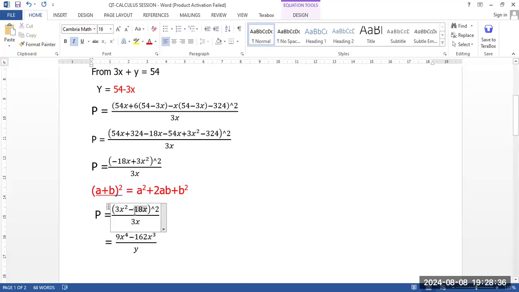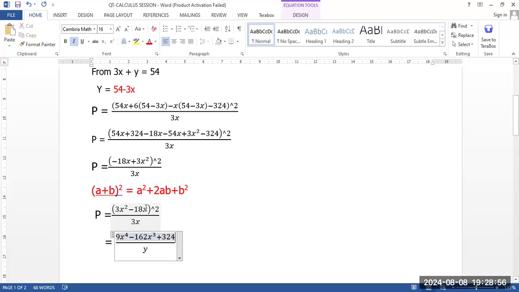Then now we square this. This is our b. We square 18, and if you get 18 squared, you will get 324. Here you will get plus 324.